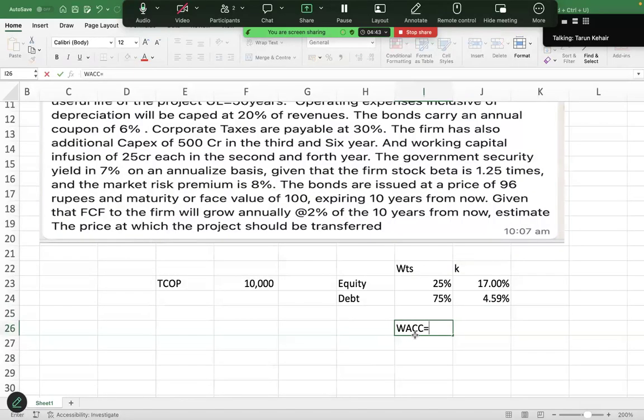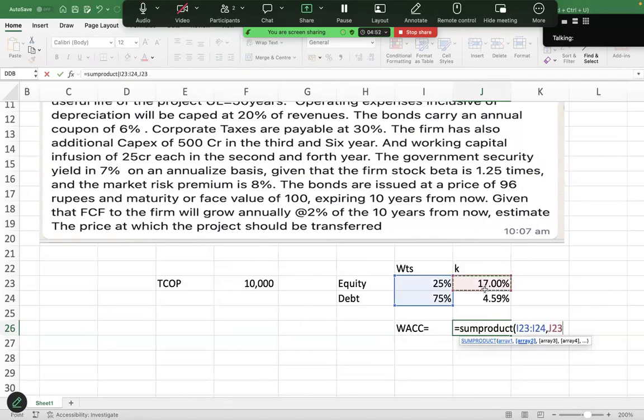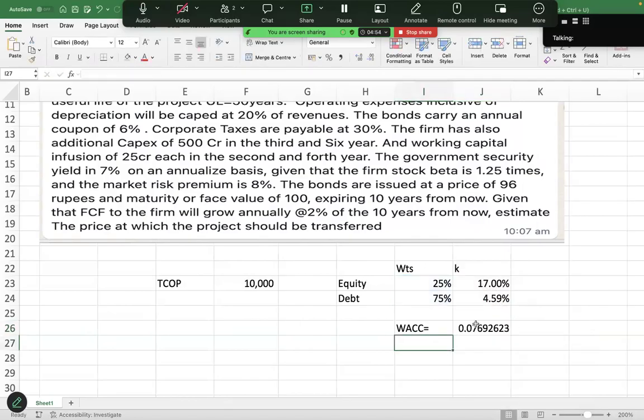So now you can find out your WACC. So WACC comes to 7.69%. This is like your major input for this problem. 7.69%.